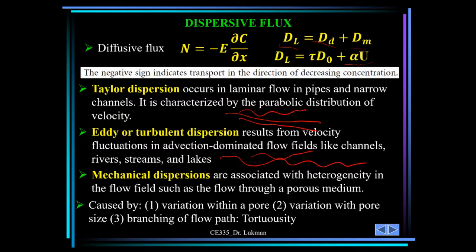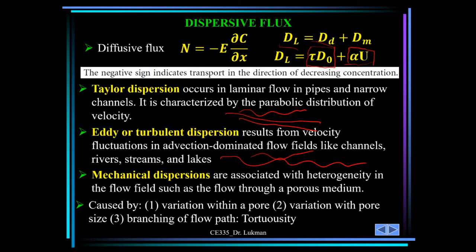So this component alpha u takes care of the mechanical dispersion, while the first term takes care of the molecular diffusion, because tau is the tortuosity factor, and D naught is the diffusivity or diffusion coefficient in pure liquid, pure liquid without porous medium, and the tortuosity factor takes care of the presence of the porous medium, which is less than 1.